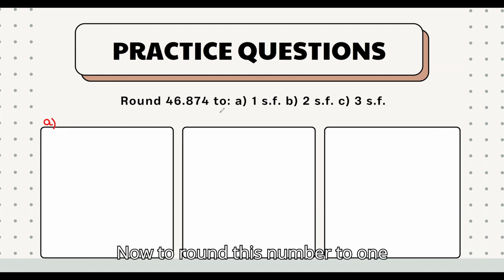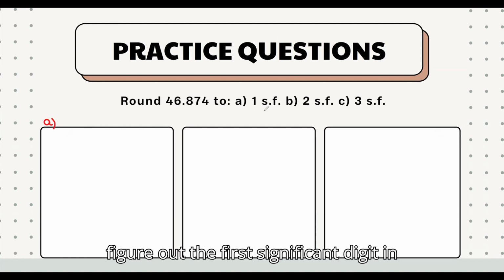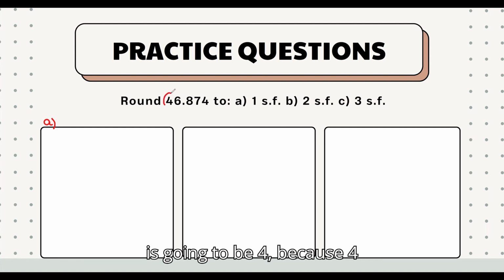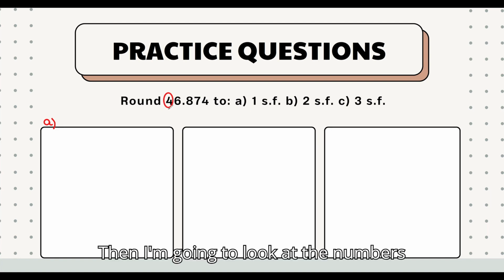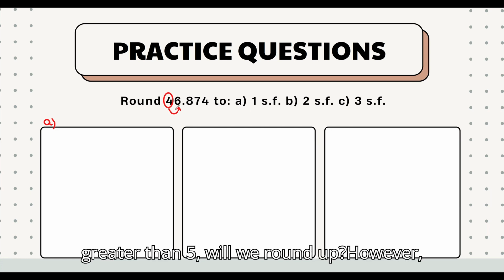Now to round this number to 1 significant figure, I'm going to figure out the first significant digit in the number. So my first significant digit is going to be 4, because 4 is my first non-zero number. Then I'm going to look at the number to the right. I have 6. If this number right over here is 5 or greater than 5, we round up.